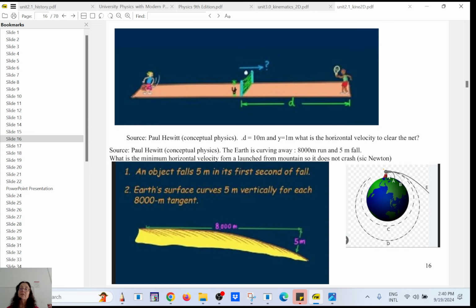And he understood that if you fire a projectile, and if the projectile hits the ground, you're going to get what type of curve? Parabola. It has to be a parabola. Now, if you fire with enough speed, the Earth is curving away, so you will never reach the Earth. So in that case, it's going to be a circular orbit.